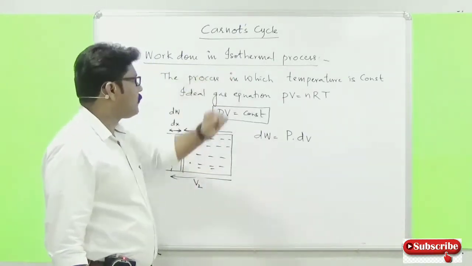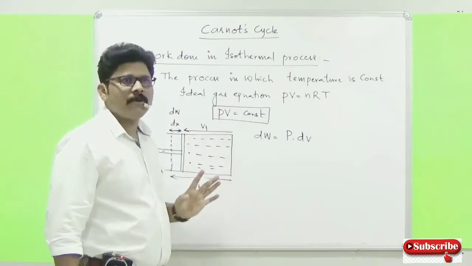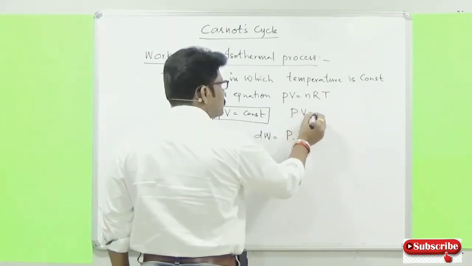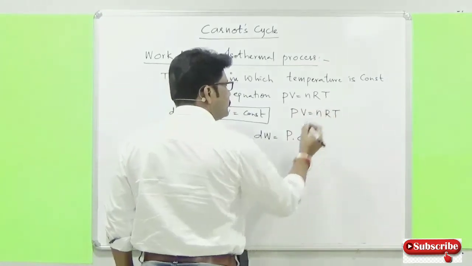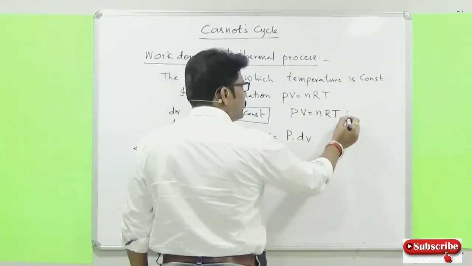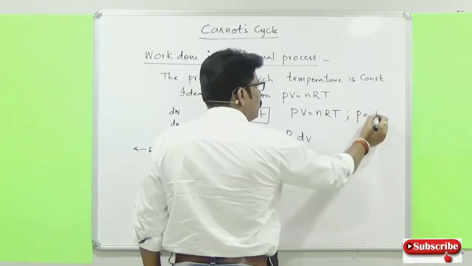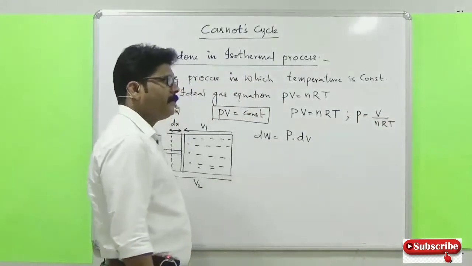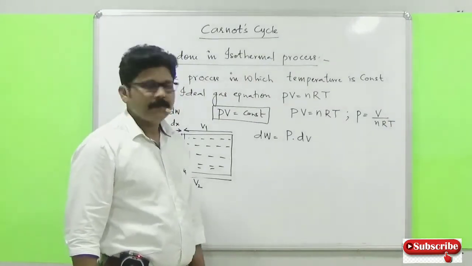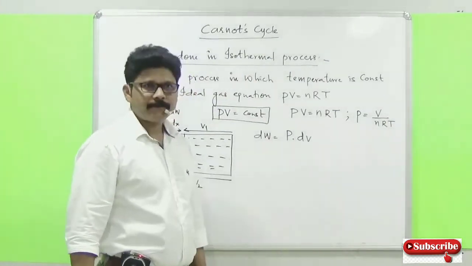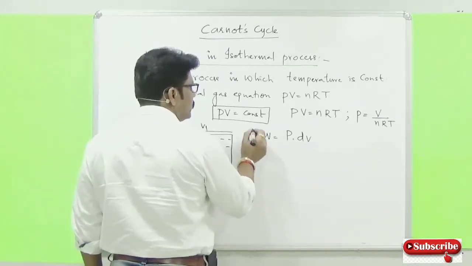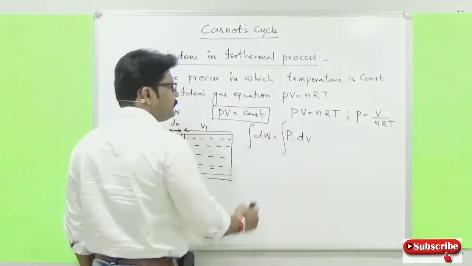Now, what is it in the isothermal process? PV is equal to constant. So what can I write here? PV equals nRT, right? Now P is constant, so P can be written as nRT by V. Substitute it here. This dW is to be integrated.